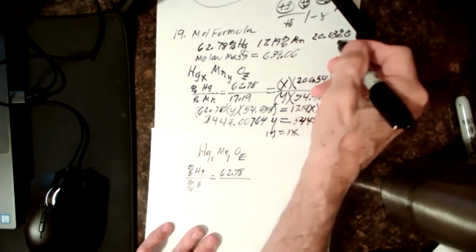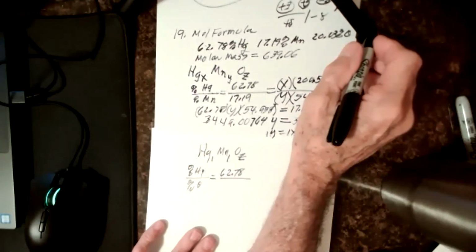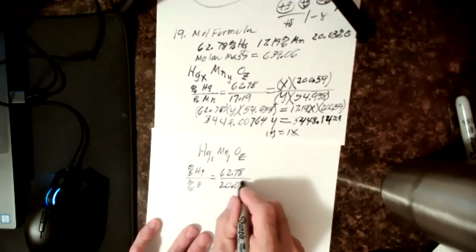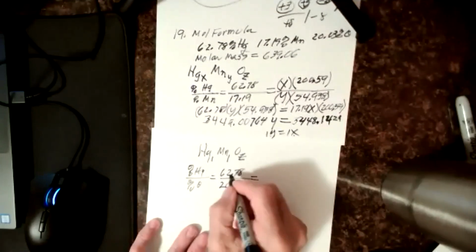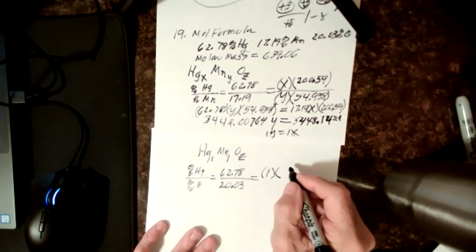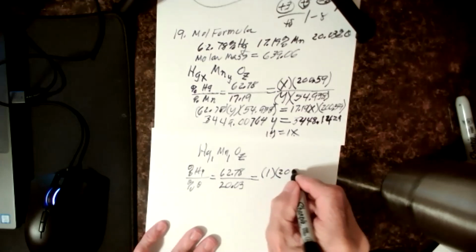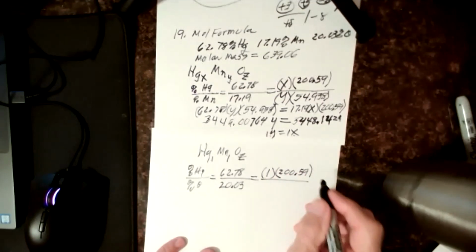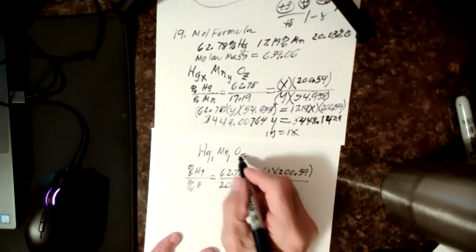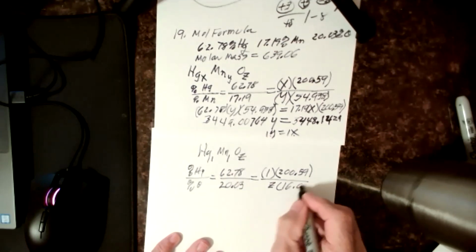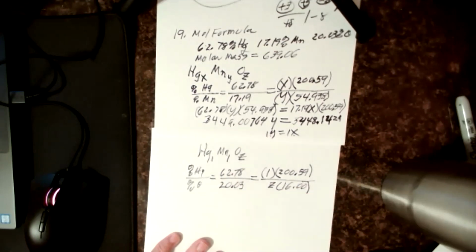The percent of oxygen is 20.03. Now, the number of mercuries is 1, and the atomic weight of mercury was 200.59. And the oxygens, there are Z of them, and the atomic weight is 15.9994. I'm just going to call it 16.